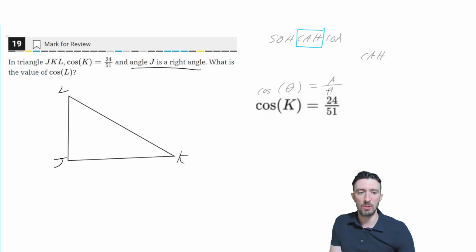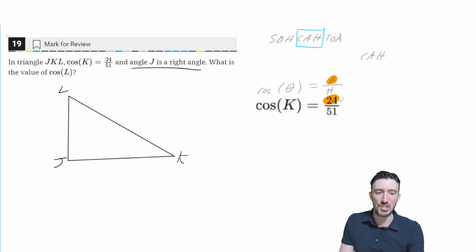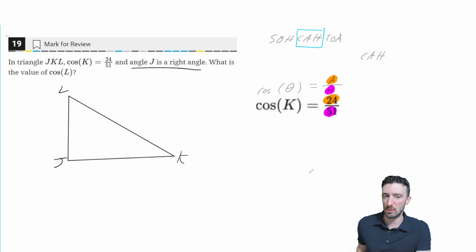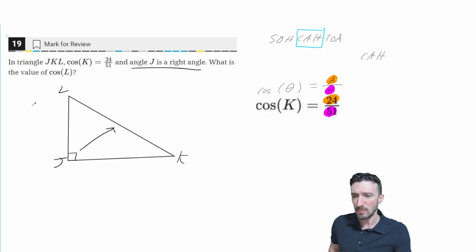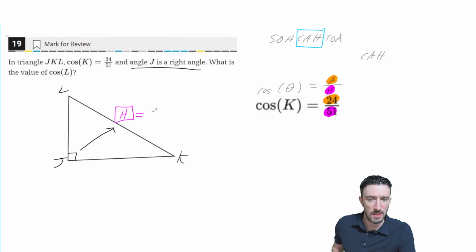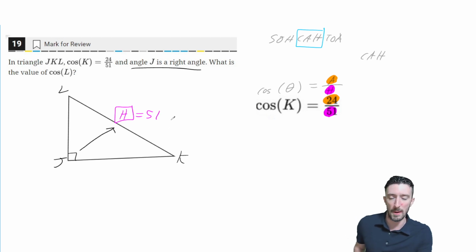So what we could do is let our adjacent be 24 and our hypotenuse be 51. Now, what is a hypotenuse? A hypotenuse is a side that is across from the right angle. So that means our hypotenuse will go right here. And in this case, I'm going to let it be 51.